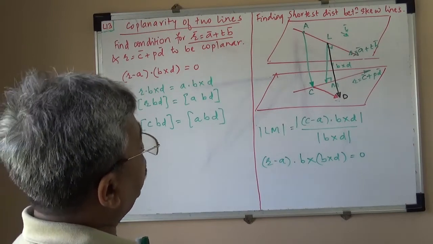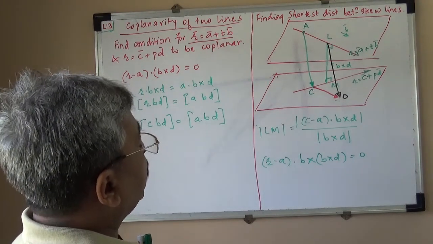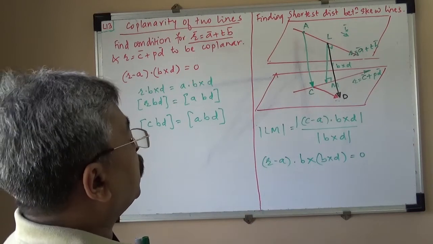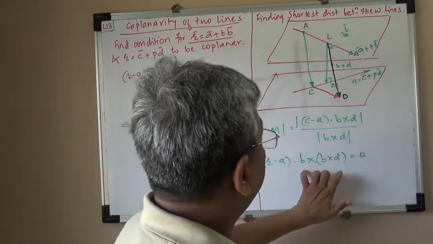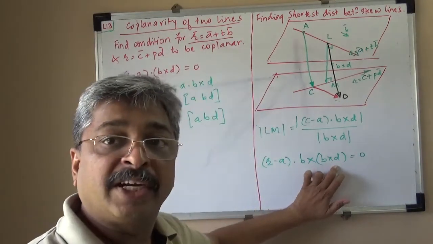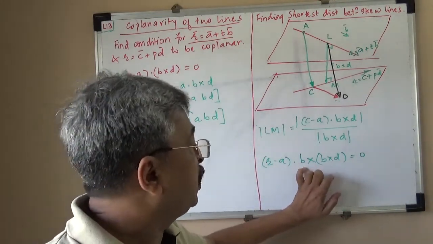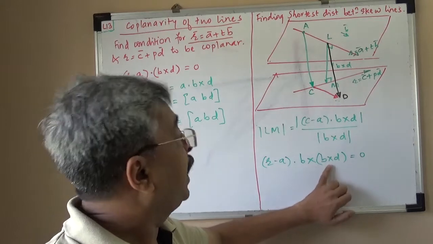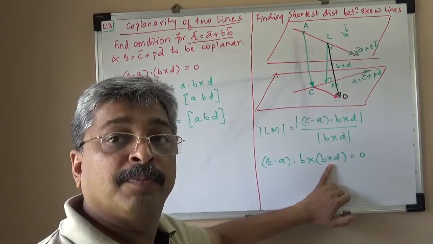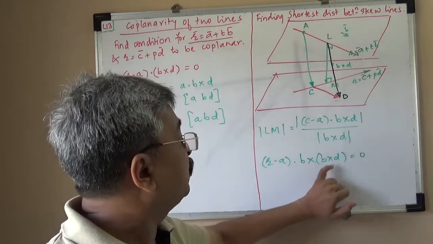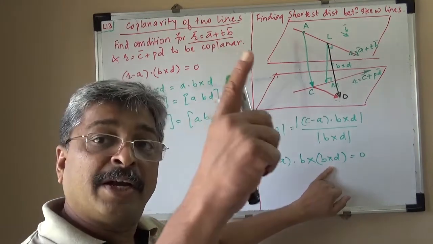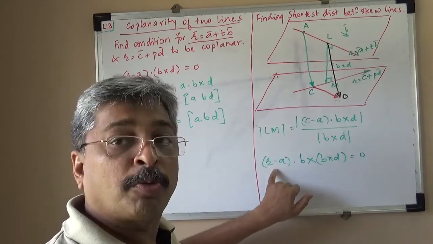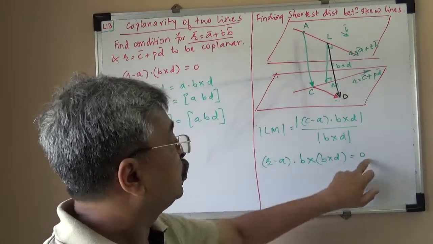Any point in that plane, R minus A you are taking, and its dot product with B cross D should be 0. B cross D is a vector which is perpendicular to B and perpendicular to LM. Right? Then this vector, which is going to be the normal vector to the required plane, if taken dot product with R minus A, you should get 0.